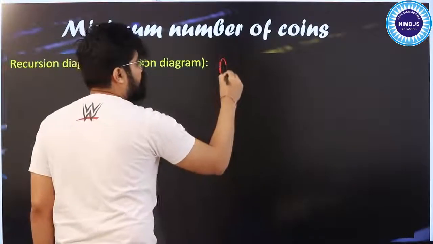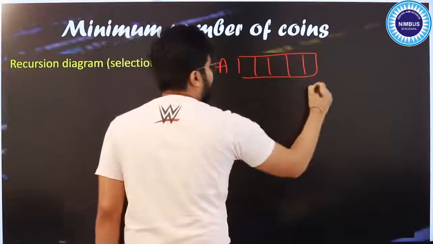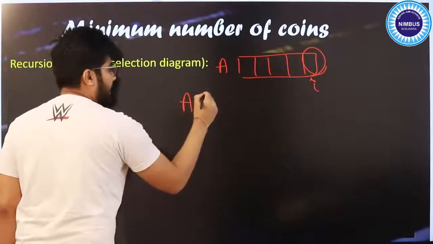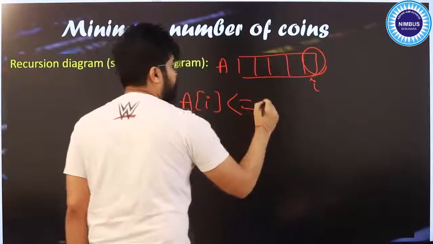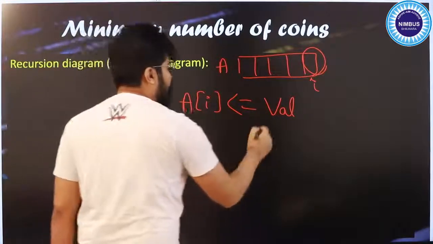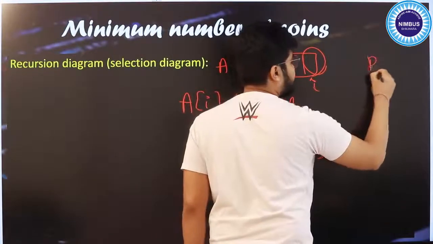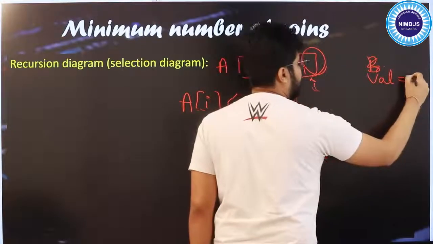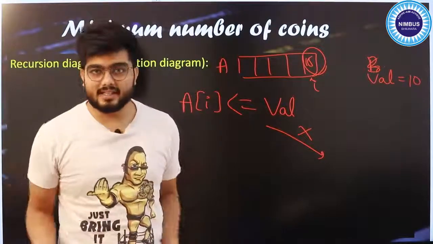We'll say if A represents the denominations of coins that you have, and right now we are talking about this denomination, then the very first condition is that A of i is less than or equal to val, where val is the change that you want to find. Now if this condition is false, say someone asks you for a change of 10 and you have a denomination of 15, you definitely cannot take that denomination.